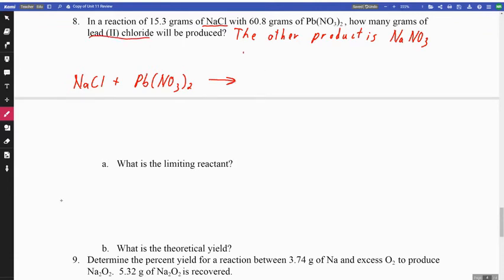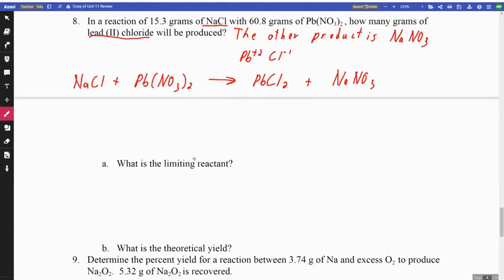So that's Pb plus 2 Cl minus 1. So that means our formula is PbCl2. And our other product is NaNO3. Okay? Okay, so there's our equation.